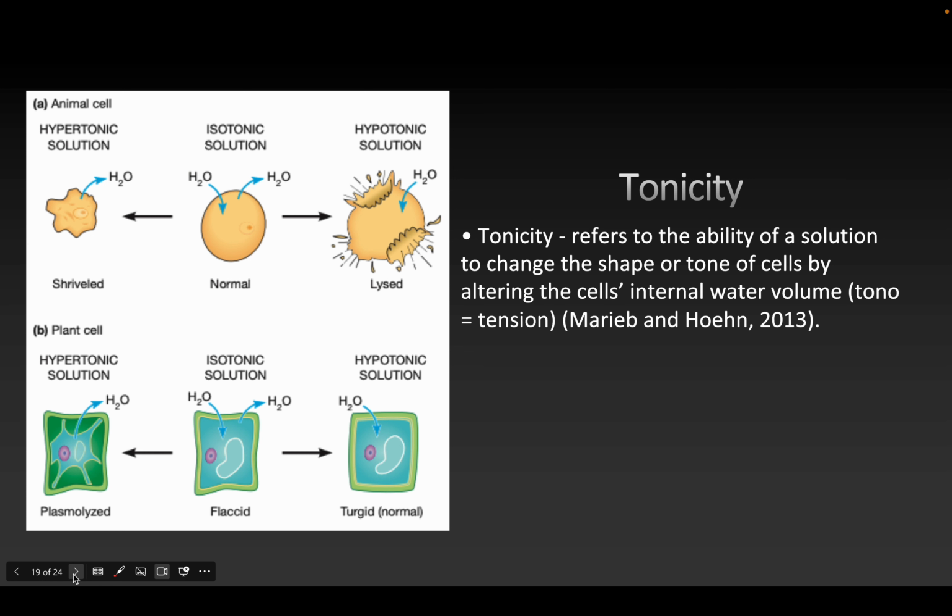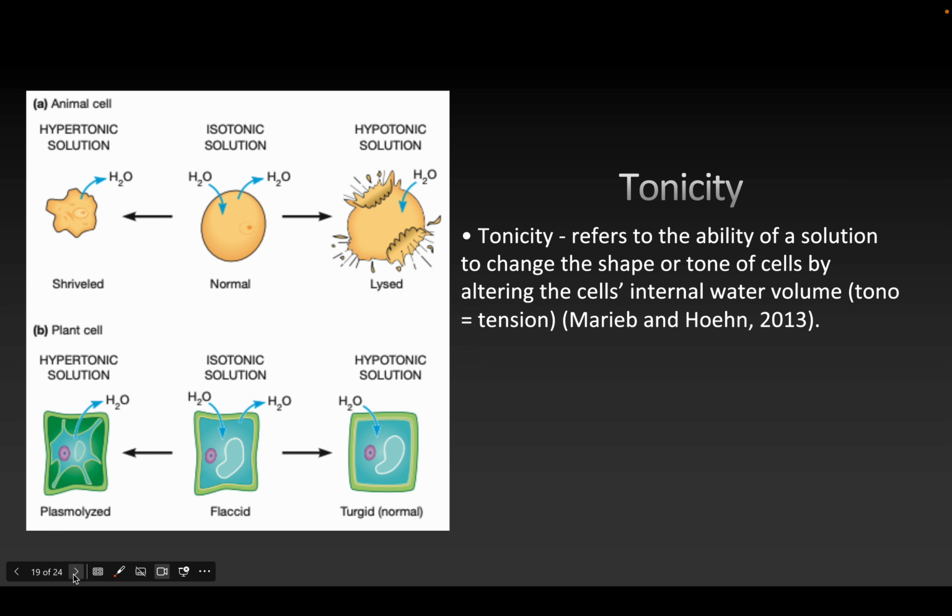In both animal and plant cells, there are different solutions that can be experimented on, and we can see how these solutions affect the tonicity or the structural integrity of plant and animal cells. So I'll be introducing these three solutions.